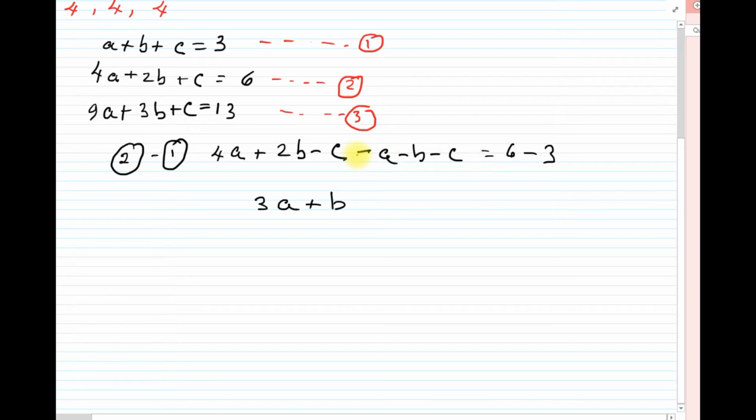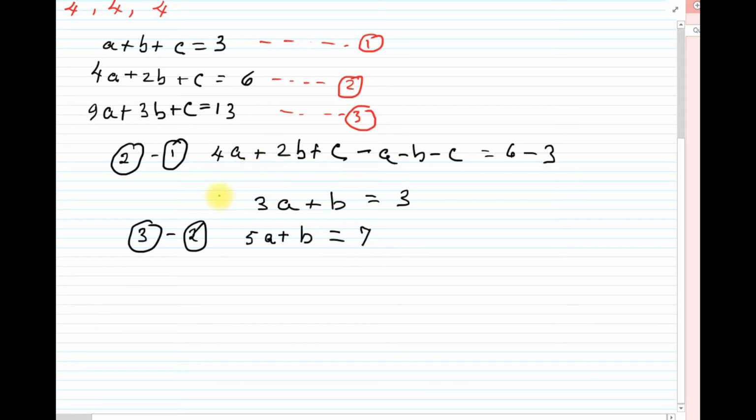And c minus c, the c's cancel, and on the right hand side I'll get 3. Then I'm going to subtract equation 2 from equation 3. 9a minus 4a gives me 5a. I have 3b minus 2b, I get b, and c minus c cancels, and then I'll get 13 minus 6, which will be 7.